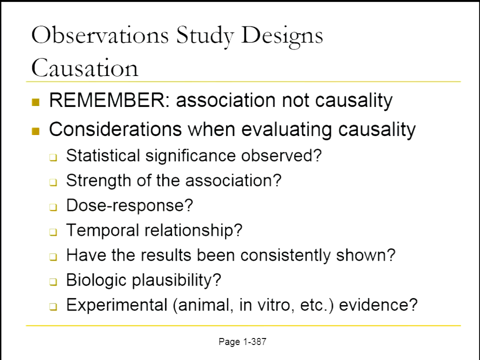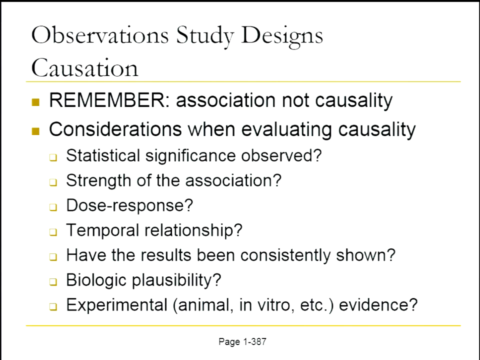For observational studies, just to highlight and remind you, I know you can look at this book and there'll be questions about causation in case control studies. Remember, we're looking at observations, we're looking at associations, not causality.